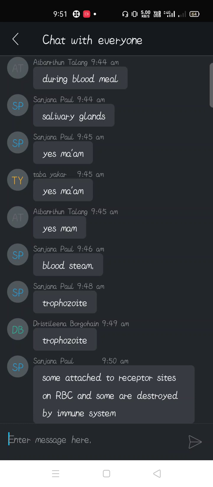Yes, some attach to the receptor sites on RBC and some are destroyed by the immune system. Good. So the next question is, why are they destroyed by the immune system?